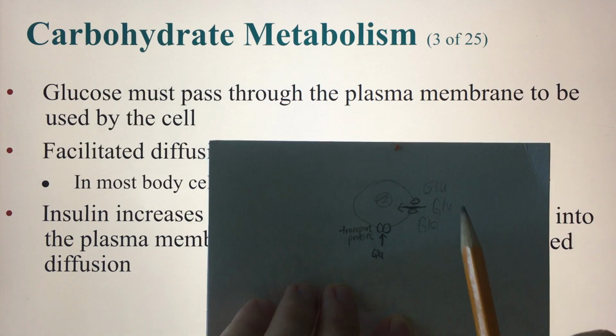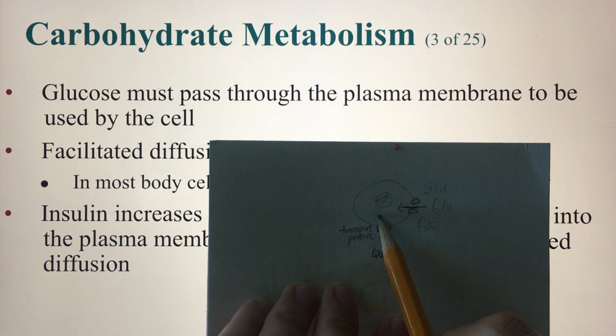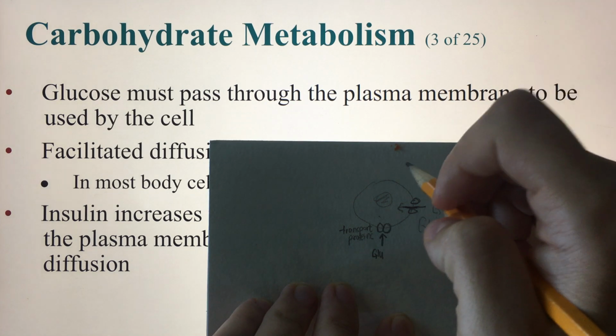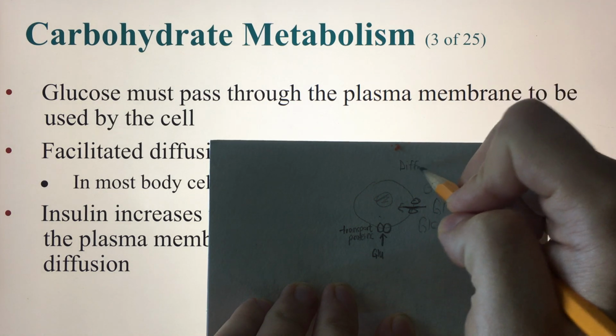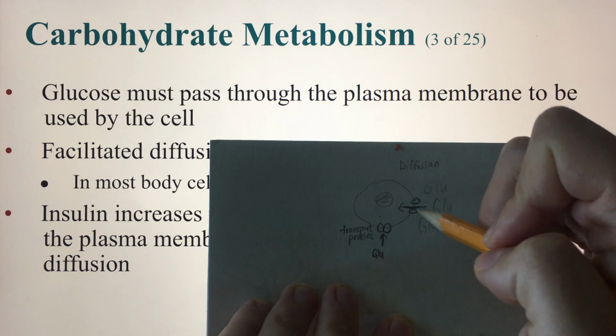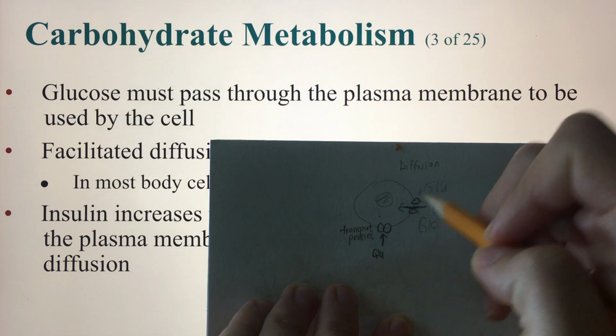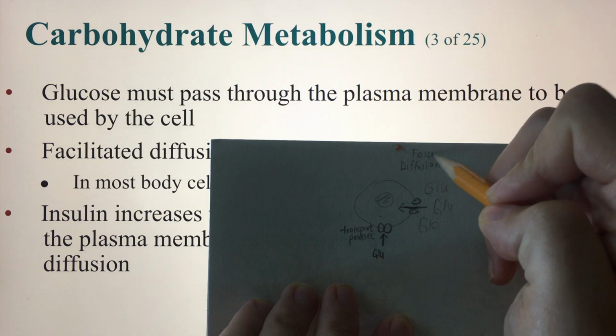So even though glucose is moving from its high concentration outside of the cell into its low concentration inside the cell, this process is called diffusion. Because it doesn't cross the plasma membrane on its own, it has to pass through these proteins. This is called facilitated diffusion.